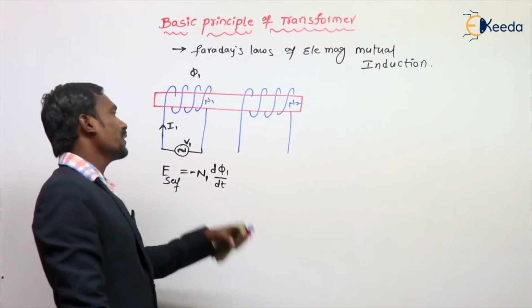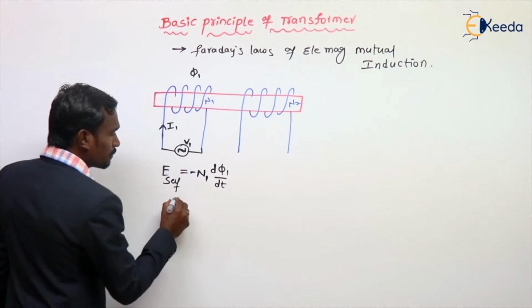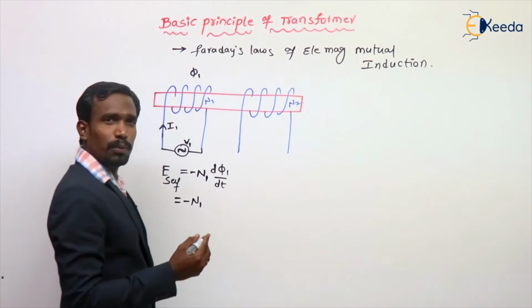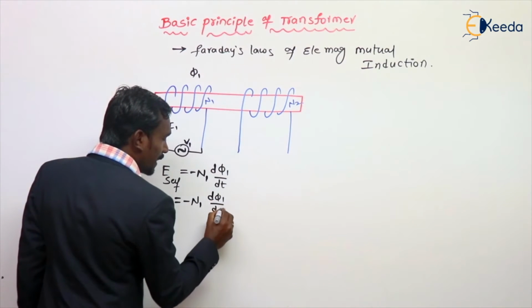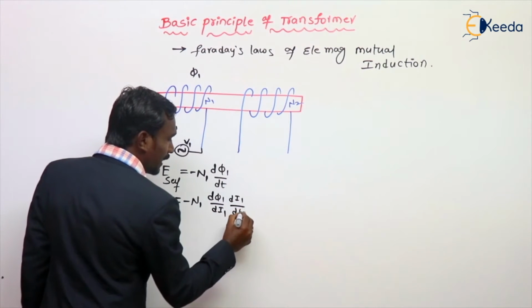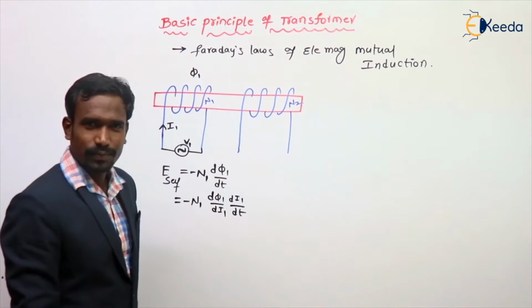This is the self-induced EMF. For a small modification, minus N1 d phi1 by di1, and di1 upon dt, multiplied and divided by di1.